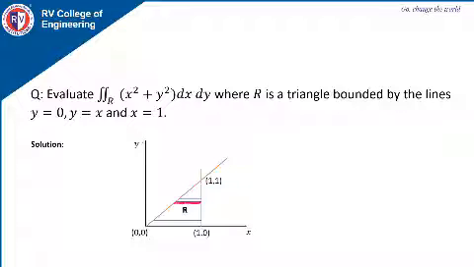Now, in order to integrate, we will have to find the limits for the variables x and y. Since you can see a horizontal red strip in this region R, I am going to first see how x is varying in this region R, and then how y varies. So x takes the variable limits and y takes the constant limits.